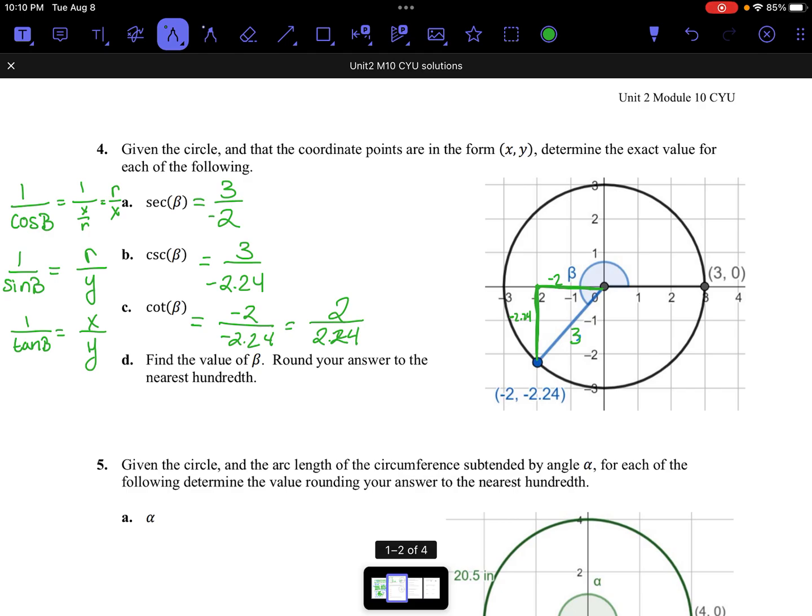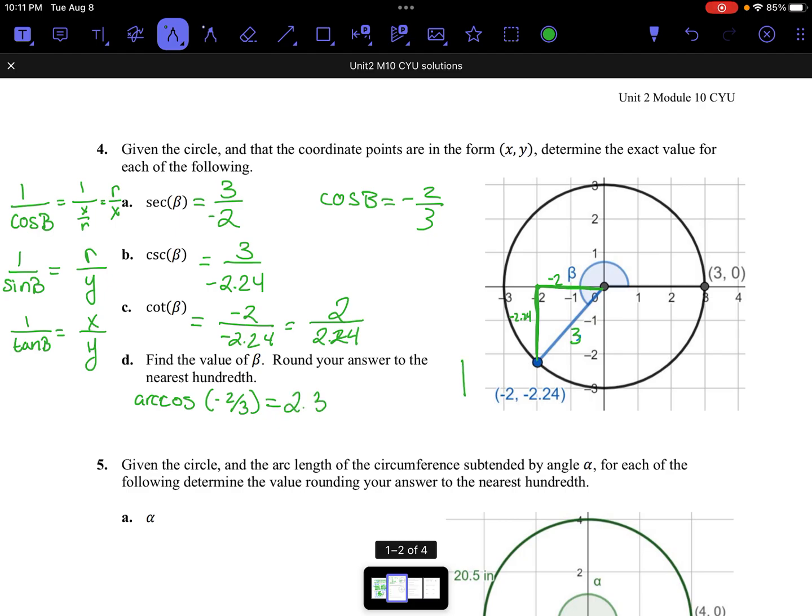Knowing that secant is negative 3 over 2, I know that cosine of beta would be negative 2 over 3. And so I'm going to do arc cosine of negative 2 over 3, and that comes out to approximately 2.3.